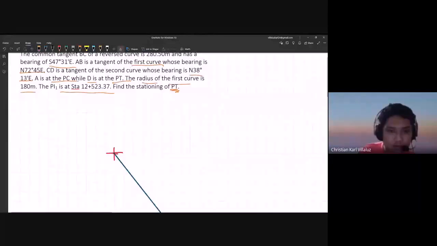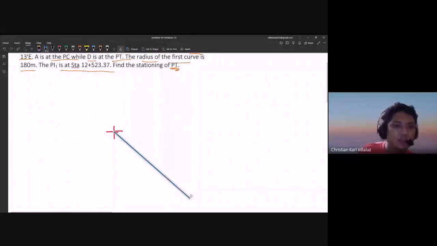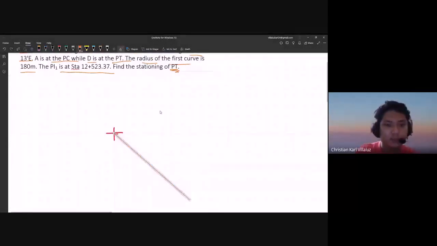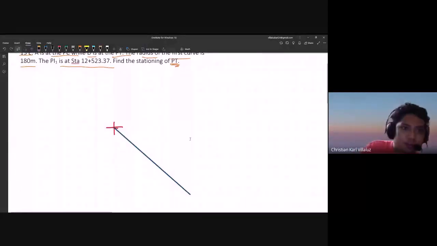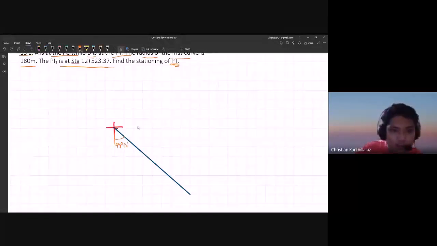Sige, lakihin pa natin. Okay, let's label 47 degrees, 31 minutes. Ay, mali. South 47 degrees, 13 minutes. This is point B to point C.